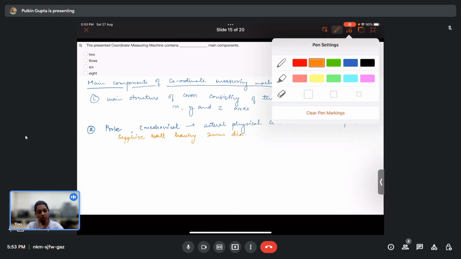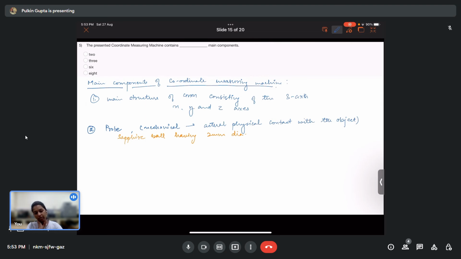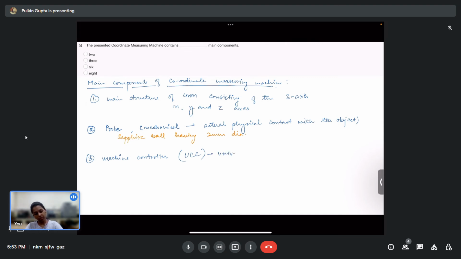Now coming on to the next part, the next main component contained the machine controller, which we termed as UCC, Universal CMM Controller, and in conjunction with this a desktop system and an application software.